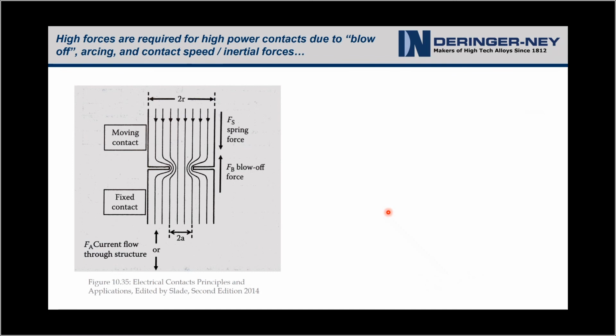When we look at high forces, here's an example of an area where you would potentially use very high forces in high power contacts, where as two contacts come together, you have what's called a constriction resistance, and that leads, at high currents, to a blow-off force, right? So change in magnetic fields essentially wants to cause the contacts to separate from each other.